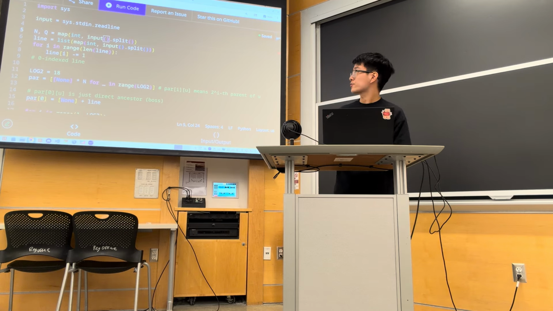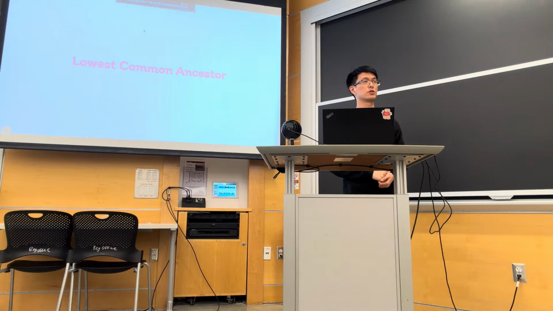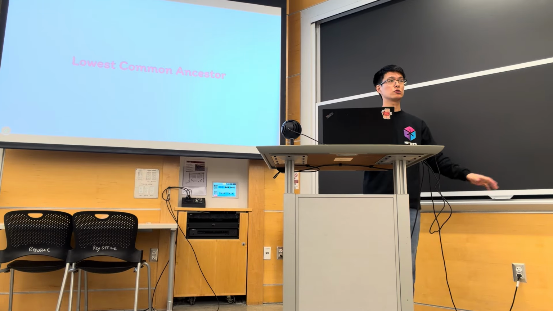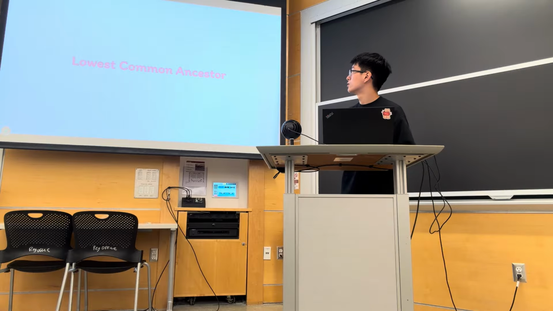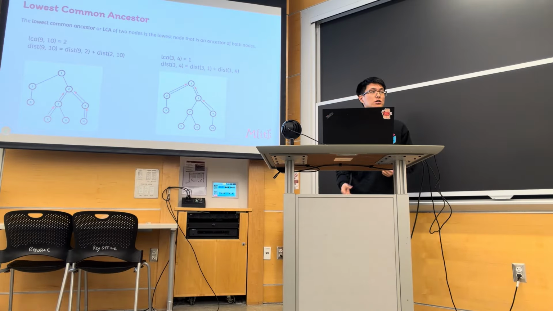Okay. Let's go on to our last topic for today, which is lowest common ancestor. This will build upon both the DFS that we learned earlier, and it will use binary jumping that we just covered. So what is the lowest common ancestor? It's basically the lowest node that's an ancestor of the 2 nodes that you want.